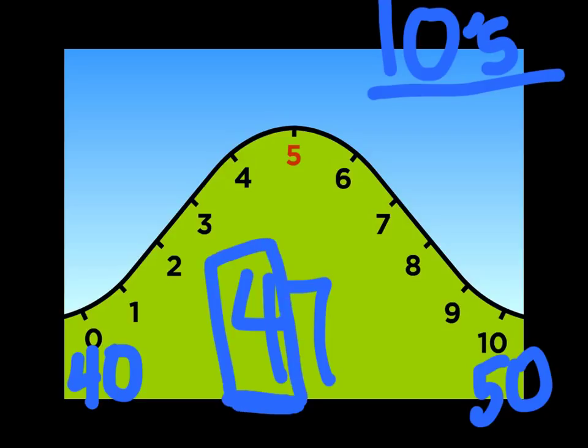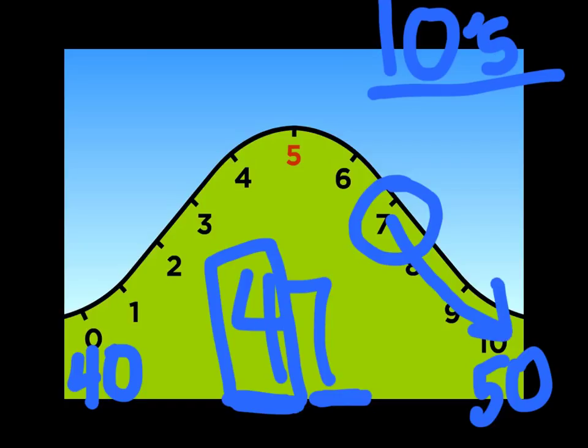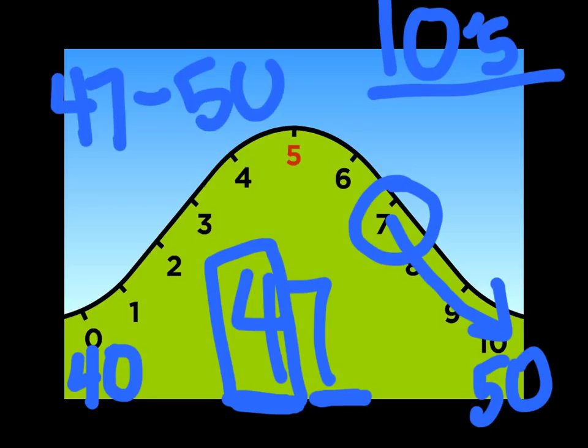So go ahead and I'm going to put a box around that number. Now the number that's going to determine whether my car goes forward or backwards is the 7. So if you find where the car would sit, if it sat at the 7 place, it's going to be on the downhill slope, and so it's going to roll down forward towards the 50. So we would say that 47 rounds to 50.